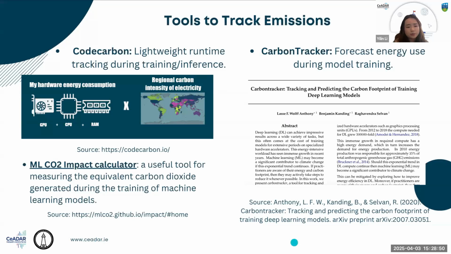And also the Machine Learning Emissions Impact Calculator is a web-based tool where you can enter basic information about your model, like training time, the hardware used, and the location, and get a carbon estimate. That is quick and easy to try on the website.